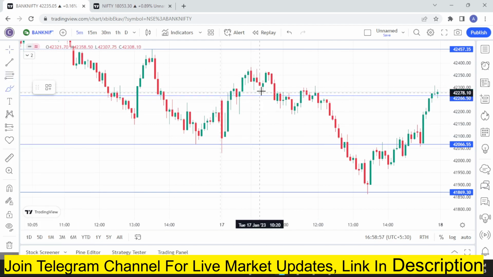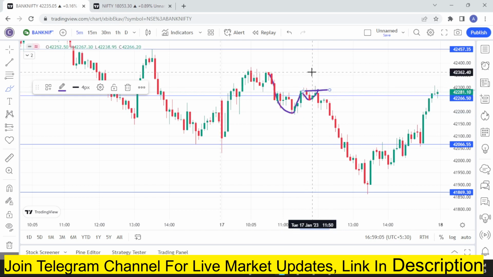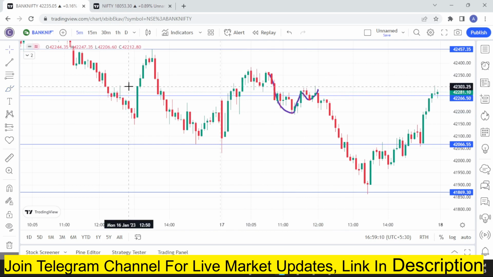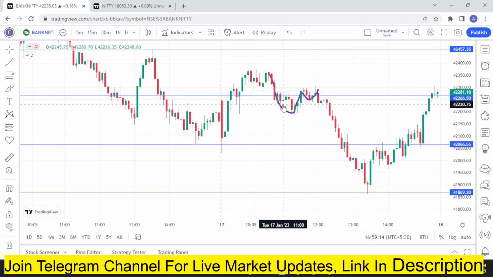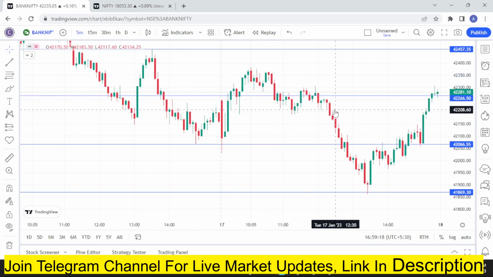One is like this: if it had made a cup and handle like this, then on any breakout above this level I would have taken a trade for the first target around this level. If not, then I was waiting for this kind of big cup and handle pattern. Anyways, traders, we got a good trade in this.